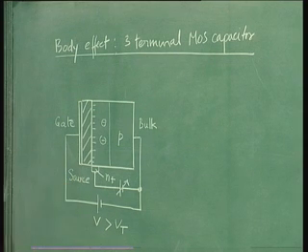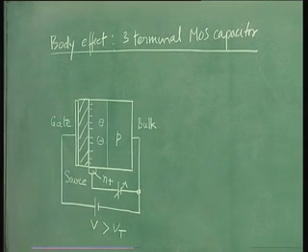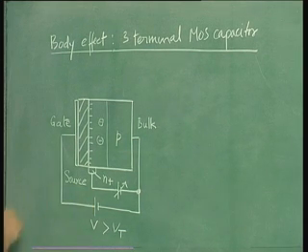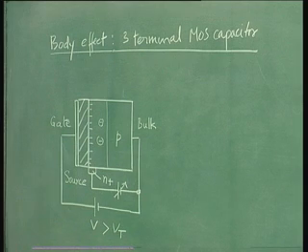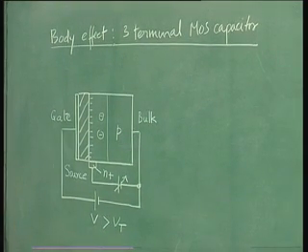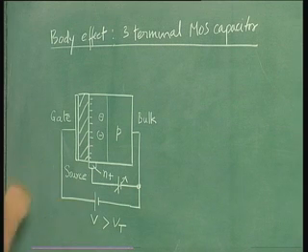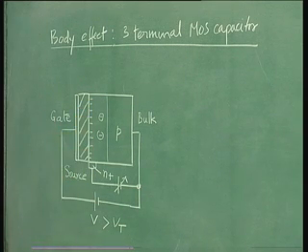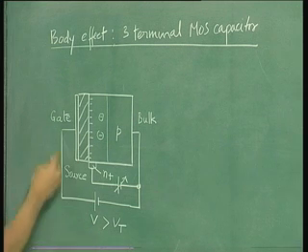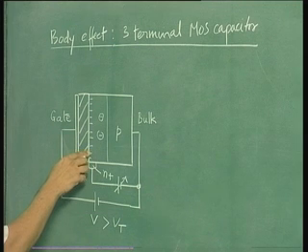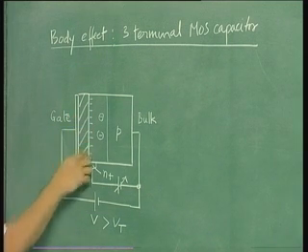This is called the source because it can be shown that if you make small changes in the voltages, then even at high frequencies, you will be able to get the layer of electrons changed in response to the change in voltage because of this contact providing electrons to this layer.